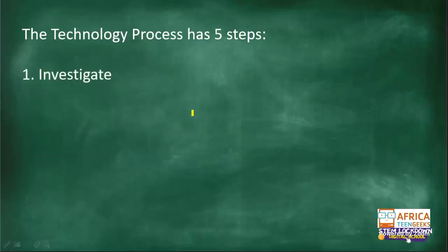The first step is to investigate a problem. Then the second step is to design. So you're going to see a problem, get a solution for it, then design what you need to do about it, and then make it.